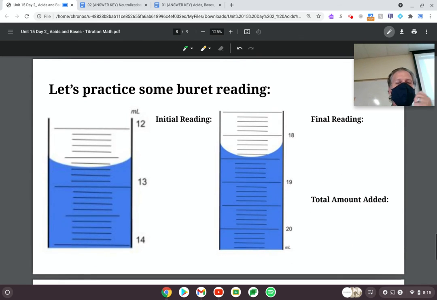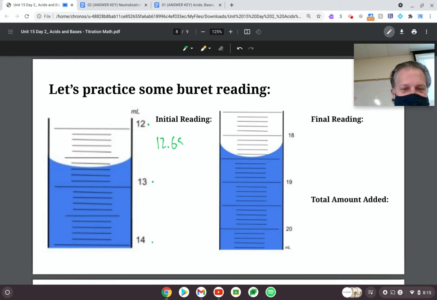The thing about a buret is that it's the opposite of what we're used to in terms of reading. We usually read from the bottom up, but we're going to read from the top down. See how the number goes from 12 to 13 to 14 going down? So when I read my initial reading over here, I might say it's 12.6 because it's a little bit more than 12.6 but not quite 12.7.